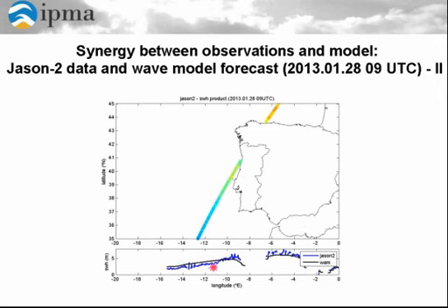You can see that in general, and in this case, the model overestimated in the more offshore areas, but near the coast, for instance here and also here, you can see that the WAM model underestimated, I would say, at least by 0.5 meters.